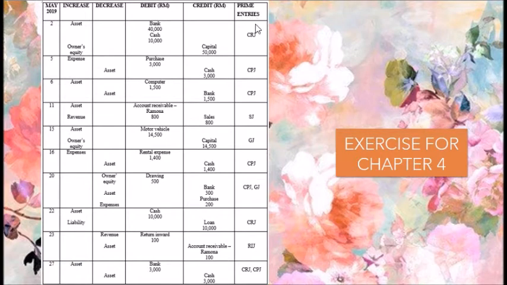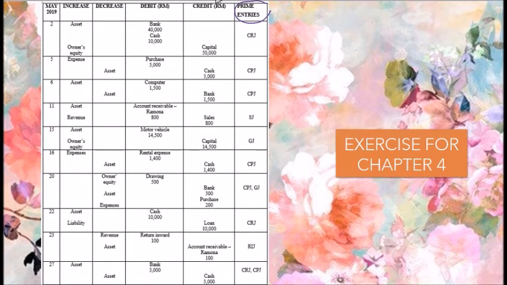I've also categorized the prime entries here. Try to understand why each transaction was categorized in this category. If you have any questions, just contact me. I won't go into detail, so I'll move to the next slide.